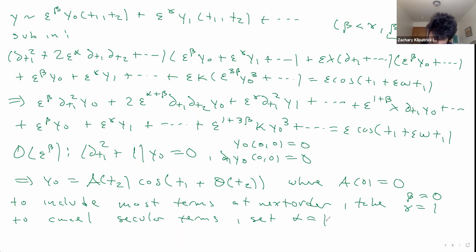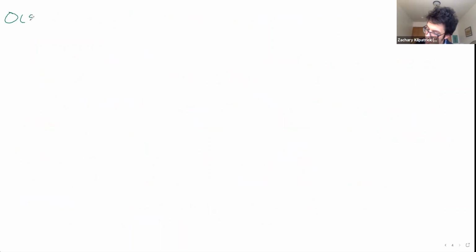So we get a long expression that we have to do a bit of differentiation, algebra, and some trig identities. Okay, I'll just write that out. At order epsilon, we're going to get dt1 squared plus 1 of y1. This is the typical thing that happens.